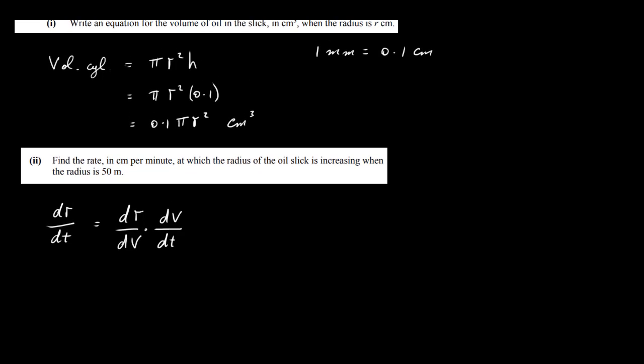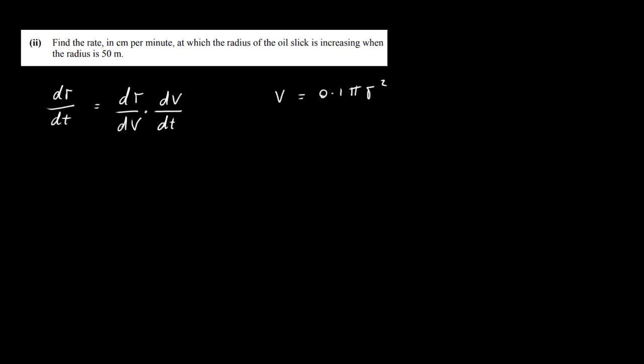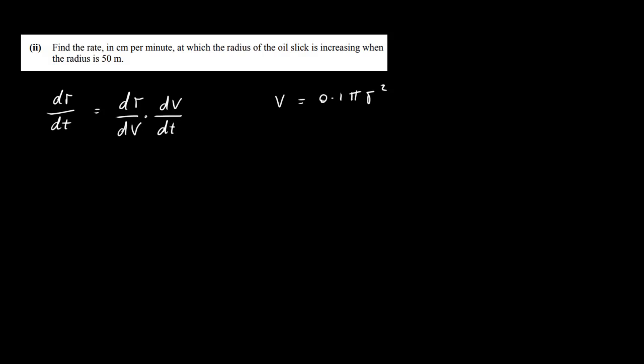Well, from our formula that we made up here, we have volume. Volume is equal to 0.1 pi r squared. So if I write that down here, volume is equal to 0.1 pi r squared. So what I can do here is find dV dr. I can differentiate V with respect to r. So I'm differentiating V with respect to this variable here, r.